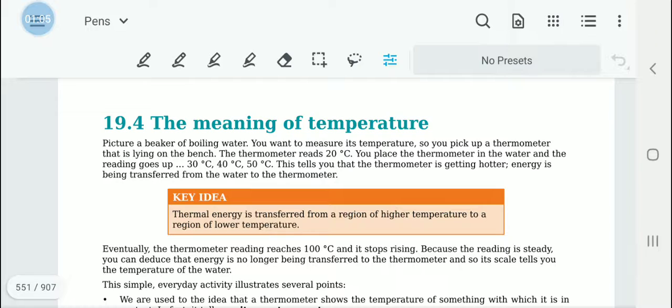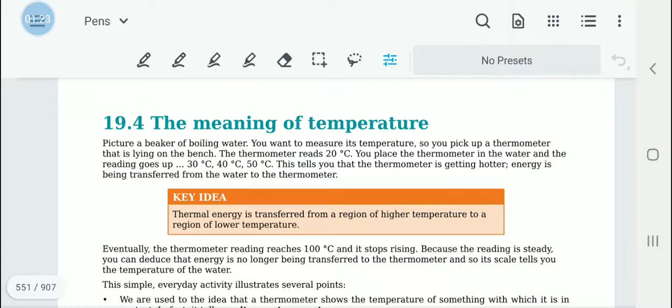From that, thermal energy is transferred to the liquid inside the glass chamber, and that expands and that gives us a reading.